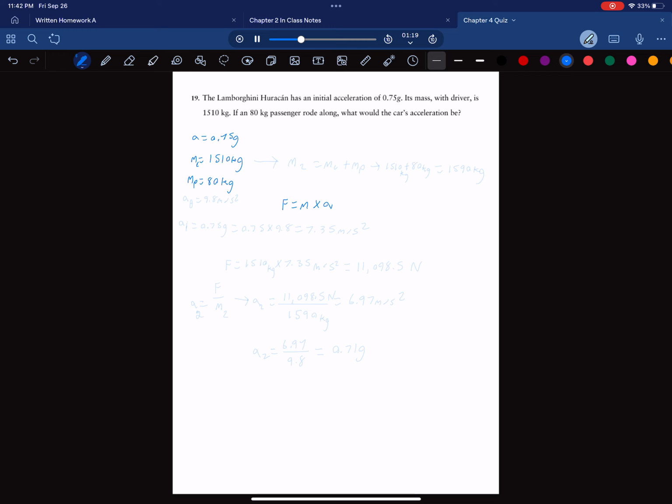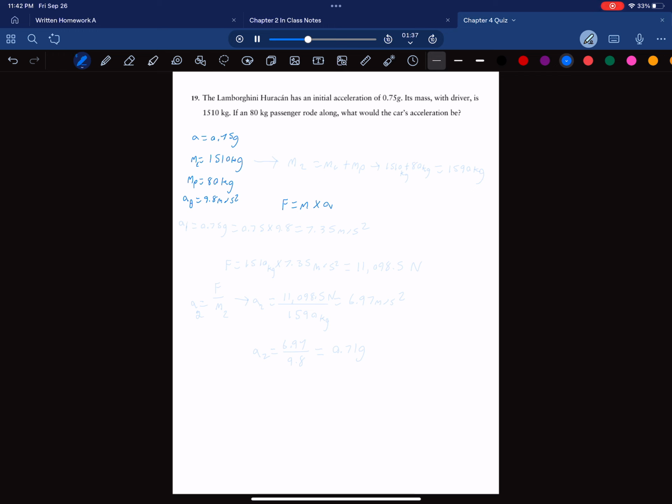Now, we also have to keep in mind gravity. So the g is being gravity, and acceleration due to gravity is going to be 9.8 meters per second, so meters per second squared, apologies.